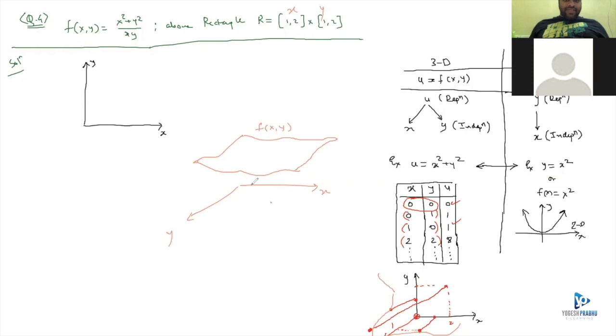So the range of x is going to be from 1 to 2. Range of y is also going to be from 1 to 2. And then 1 to 2 and 1 to 2 will form this rectangle. And in fact, above this rectangle, there is this volume.